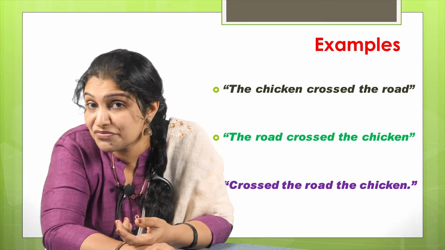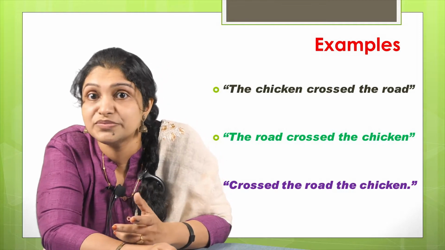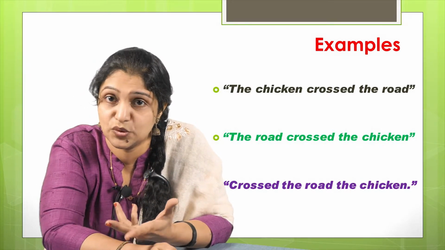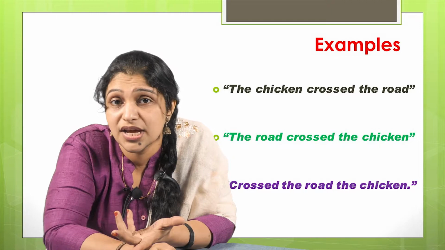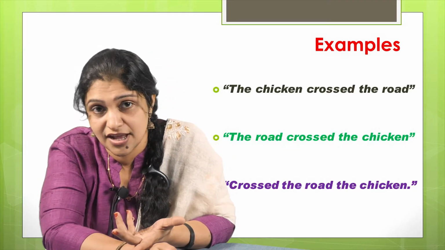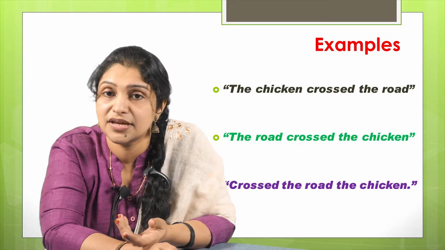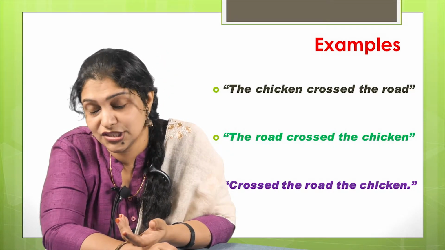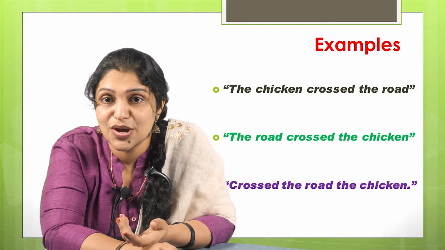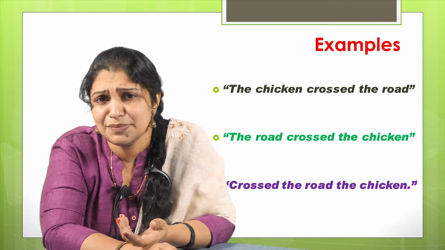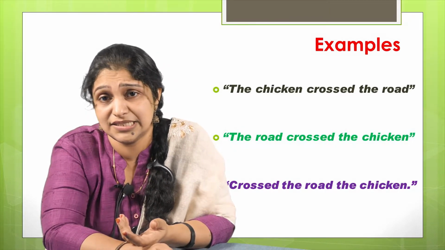It takes on two different meanings because the subject and object are inverted. The same would be true if the verb was out of order. For example, crossed the road, the chicken. It's absurd. There is no meaning in that.